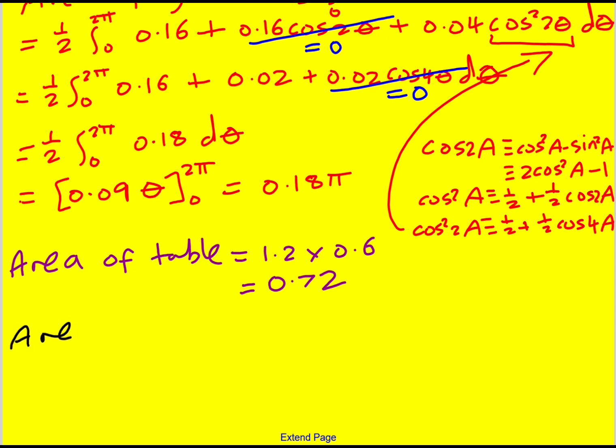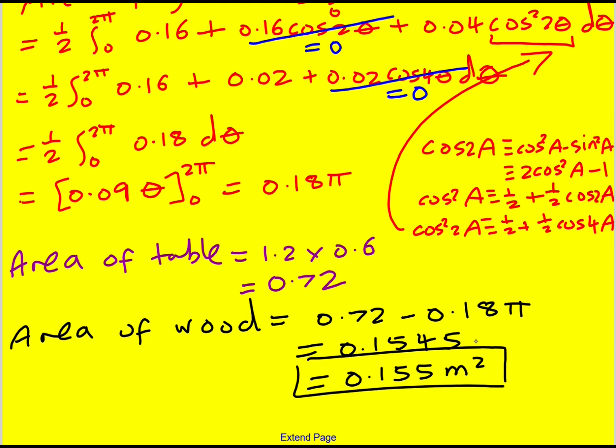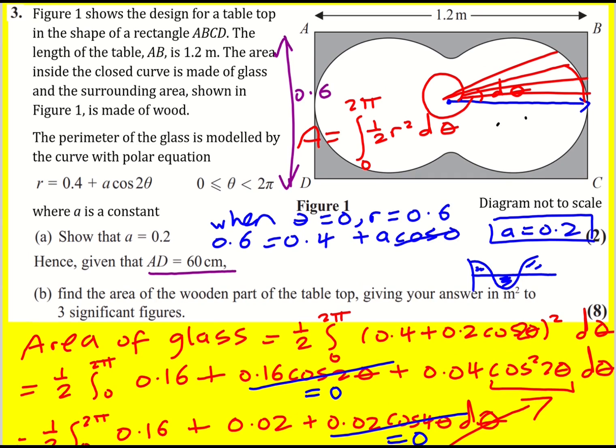The area of wood is 0.72 minus 0.18 pi, which is 0.1545, or 0.155 meters squared. Okay, yeah, good question. Well done.